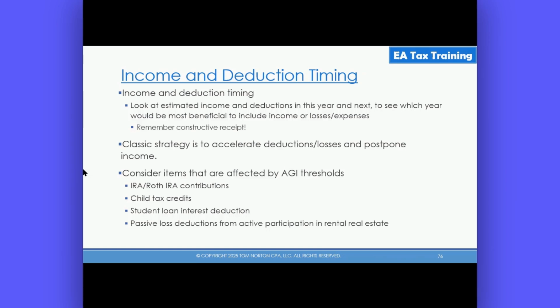So when you're looking at all of these different things and you're doing this planning, you want to think about when might we want to include income or take deductions based on when any of these things might be applicable. And we want AGI, for instance, to be lower in a particular year in order to take advantage of some of these things.